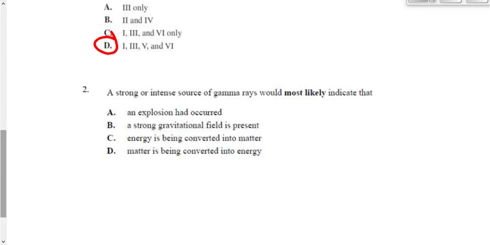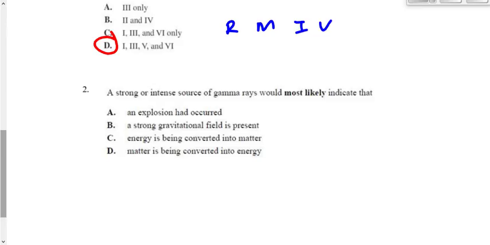2, a stronger intense source of gamma rays would most likely indicate that what has occurred? Well, remember the 7 types: radio waves, microwaves, infrared, visible light, ultraviolet, X-rays, gamma rays. Radio waves and microwaves are both produced by oscillating electric charge.